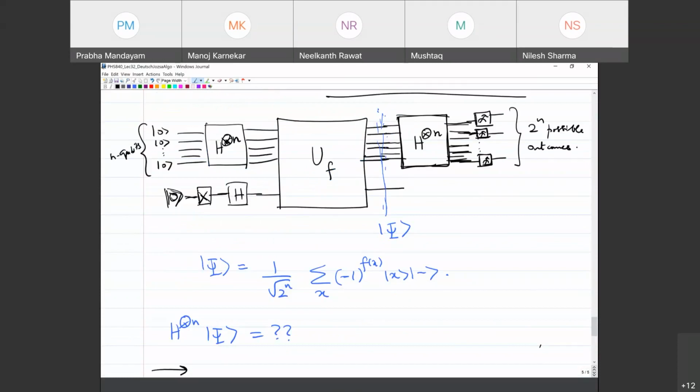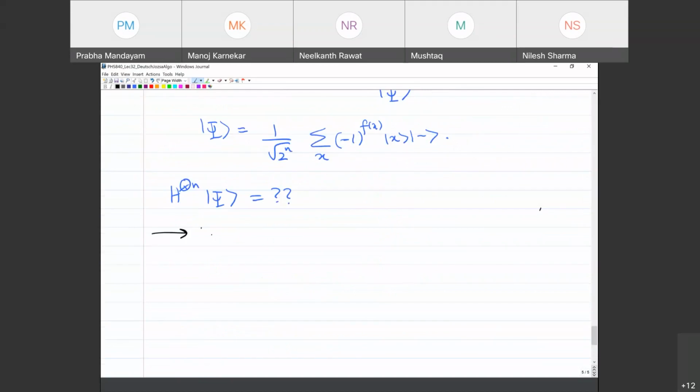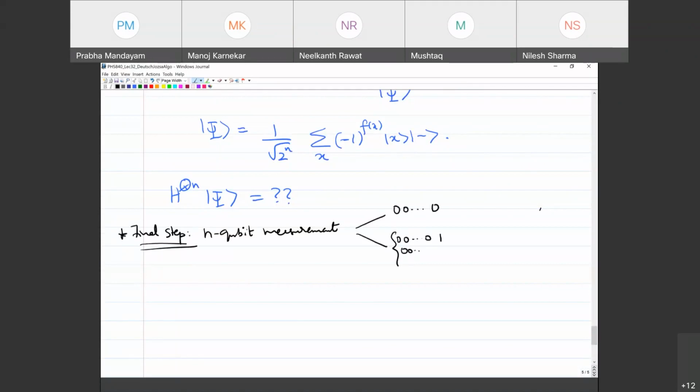It turns out that, let me say this is the final step, once you do the n-qubit measurement, you could either get the all zero string, or you could get one of the other n minus 1 strings, which will have one or more ones.